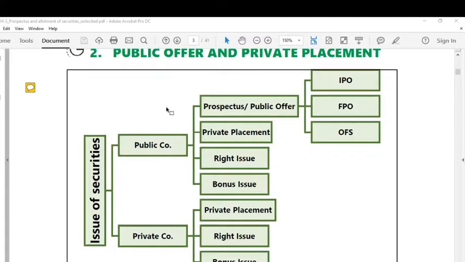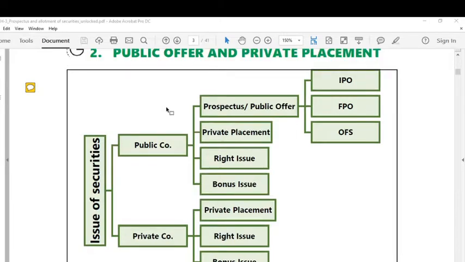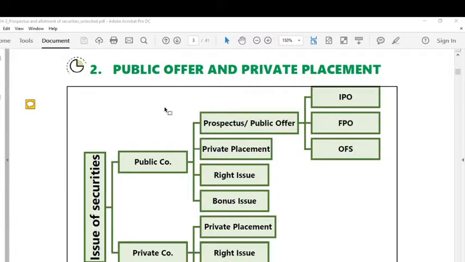Students, here the information is given in a nutshell in a small and simple diagram, which is very easy to understand and easy to remember: the various modes of issue of securities by public companies or private companies.